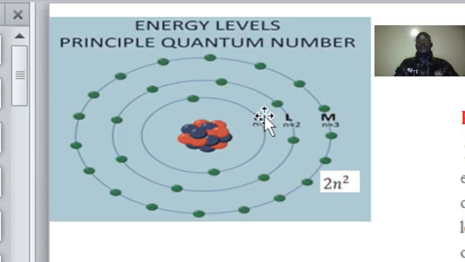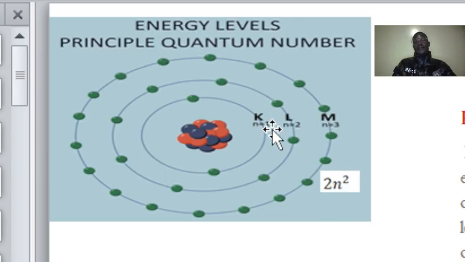For instance, the K shell is the innermost shell, then we have the L shell, which is the second innermost, then the M shell, the N shell, the O shell, and the P shell. How these shells accommodate electrons is informed by this formula. If we take the K shell, which has a principal quantum number of 1, and substitute 1 into the formula, we get 1 squared multiplied by 2, which gives us 2 electrons.